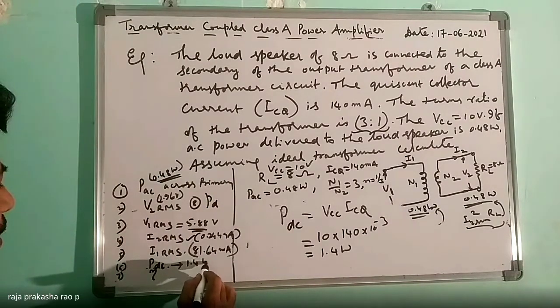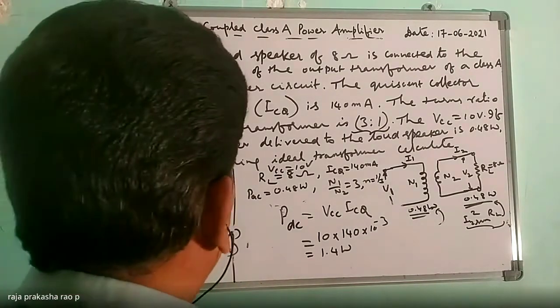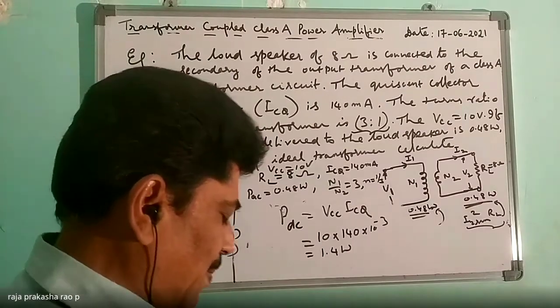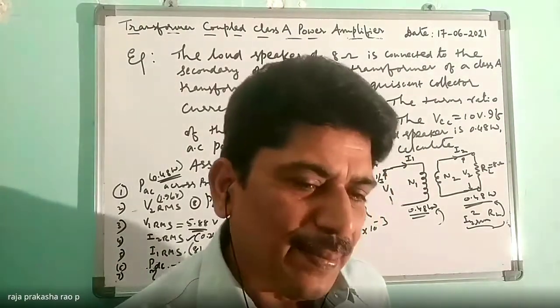1.4 watts. So what is efficiency? Efficiency is equal to PAC by PDC.